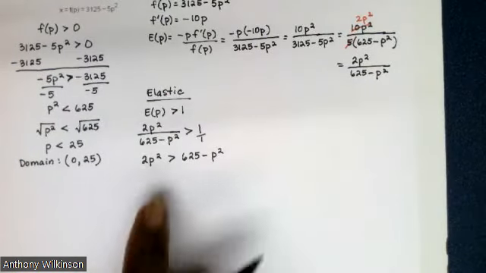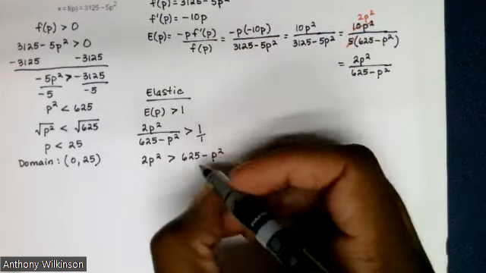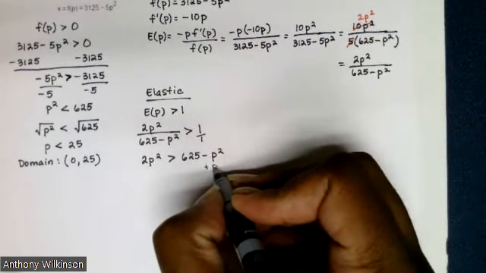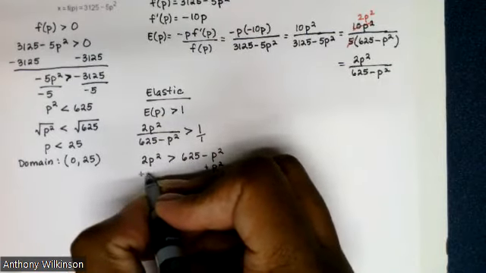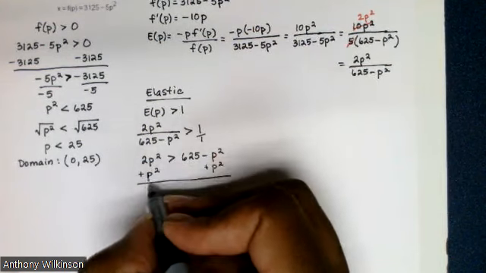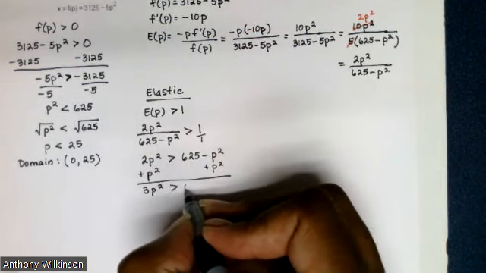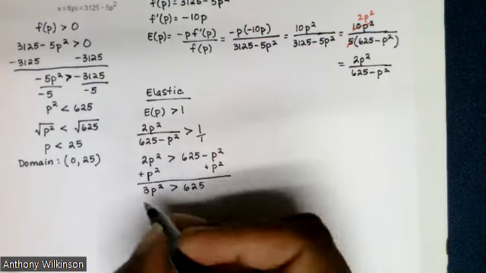And I'm doing this just so as long as my denominator is not 0. Now, let's get all the p squares on one side by adding p squared on both sides. That means I'll have 3p squared is greater than 625.